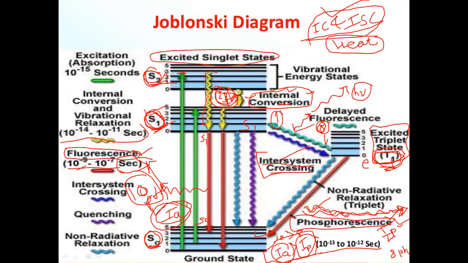Okay, so this is all about the Jablonski diagram, fluorescence, phosphorescence, and spin multiplicity. Jablonski diagram is used to explain the fluorescence and phosphorescence with the help of spin multiplicity and excitation, de-excitation of electrons.